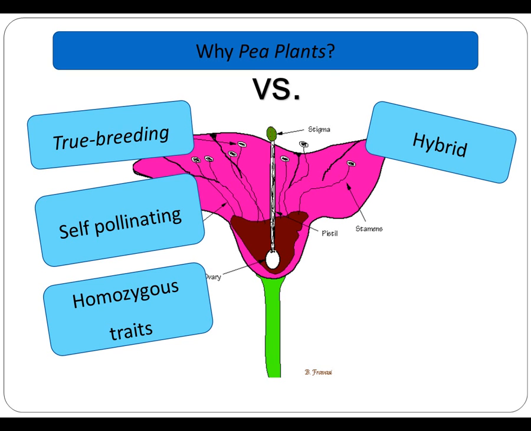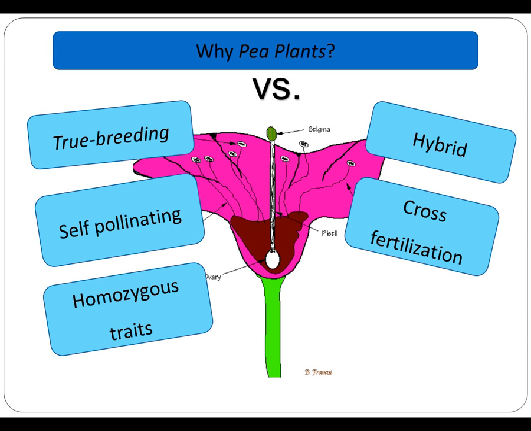If we contrast the true breeding plants to what we can call hybrid plants, those are plants that are a result of cross-fertilization. What does that mean, cross-fertilization? Two different species. They've got to be manipulated, or there's got to be a carrier.